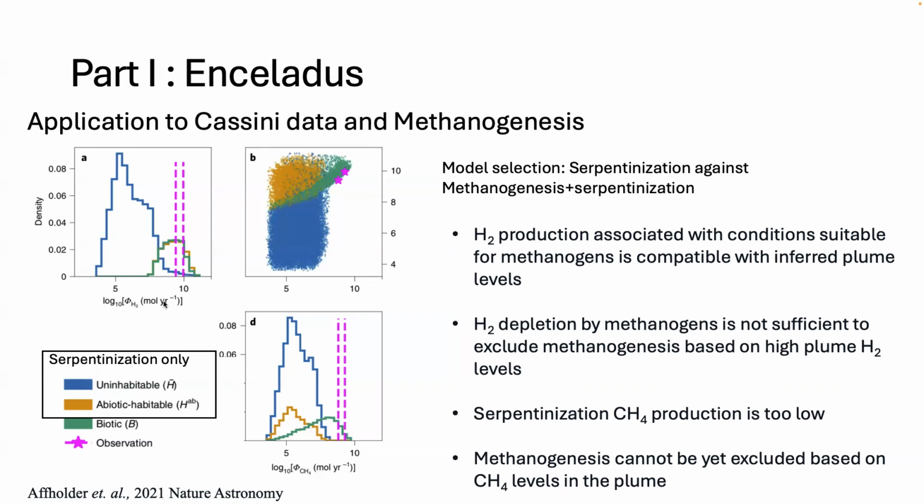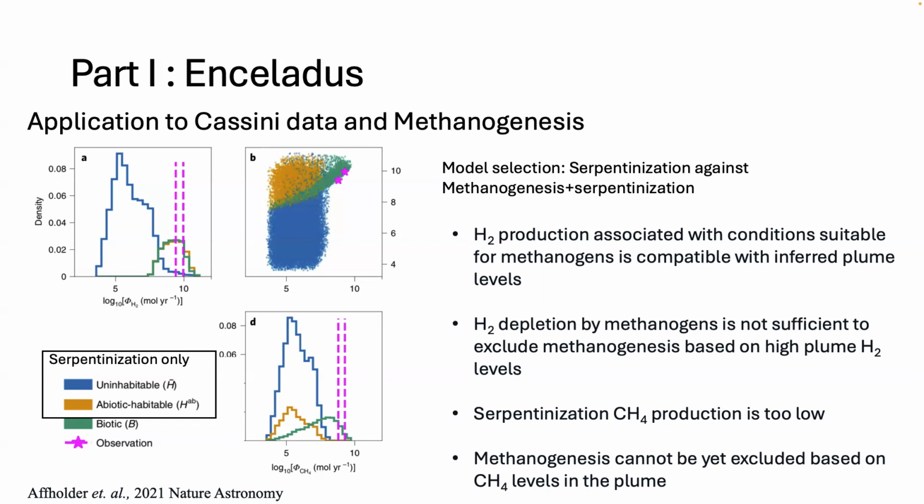Can you please explain the graphs one more time? So when I see the distributions on, let's say, panel A, this is the flux of hydrogen, right? Yeah. A is the flux of hydrogen distribution, B is the flux of methane, and this is just a combined one. Okay, so when you say that the body is uninhabitable, then the simulations show that you would expect a hydrothermal flux of order 5 moles per year. Yeah.